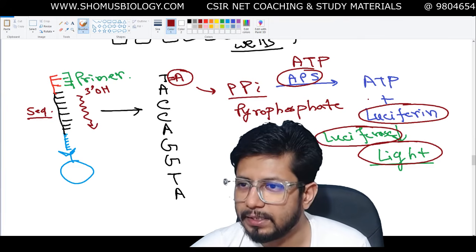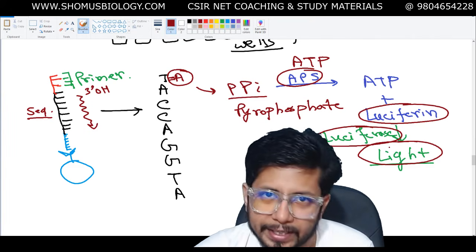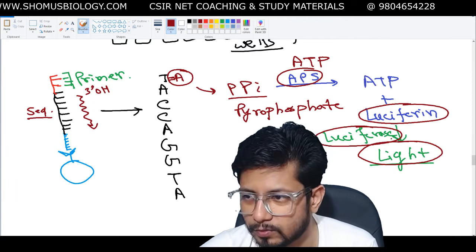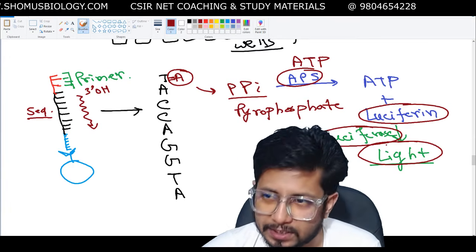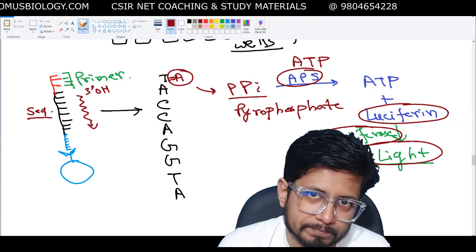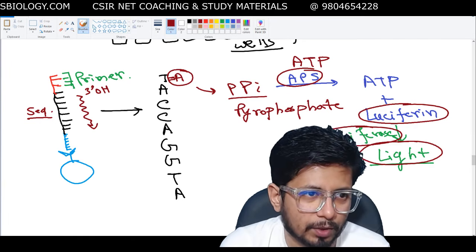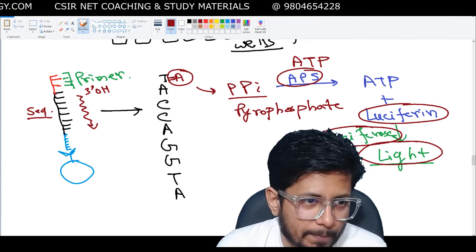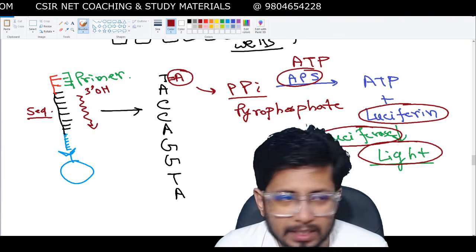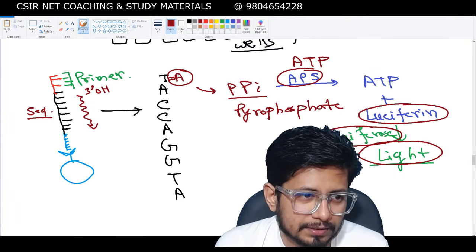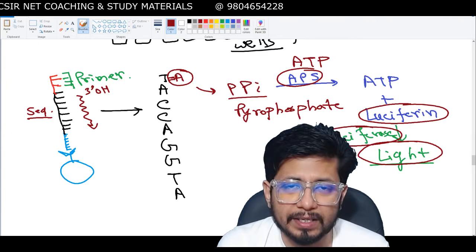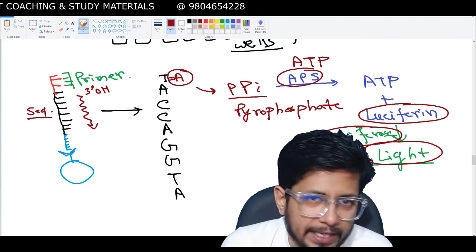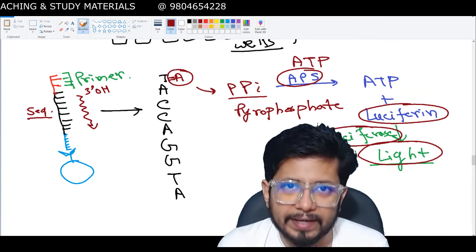So ATP will be converted into light, and that is possible when luciferase is present, converting luciferin into light, and APS is required to convert pyrophosphate into ATP, right? So this is the sequence of reactions that you always need to know, and this is where the name pyrosequencing comes in. This luciferin associated to ATP becomes oxyluciferin and visible light is emitted, and whenever there is visible light we can always find it out easily.